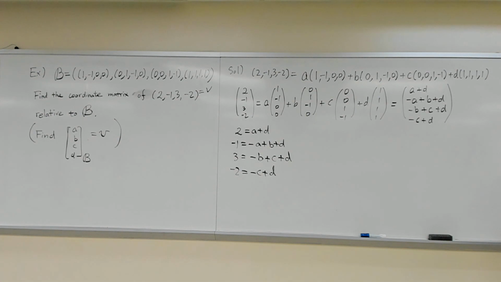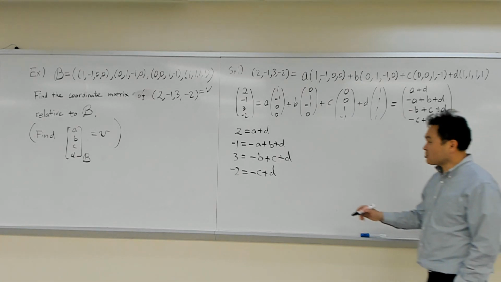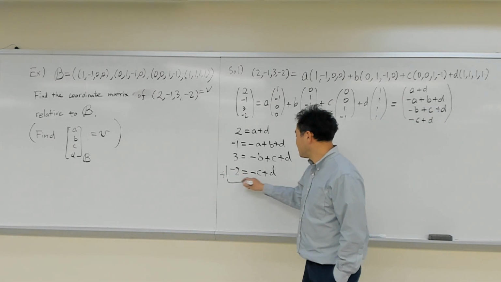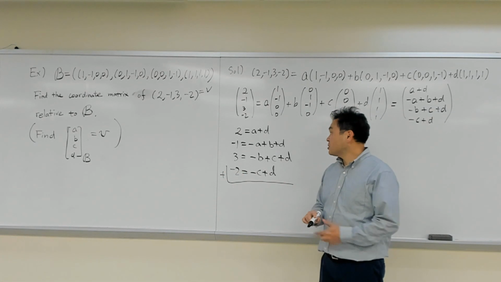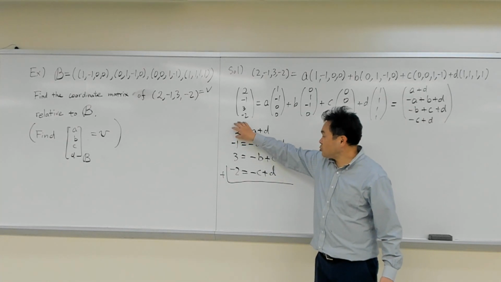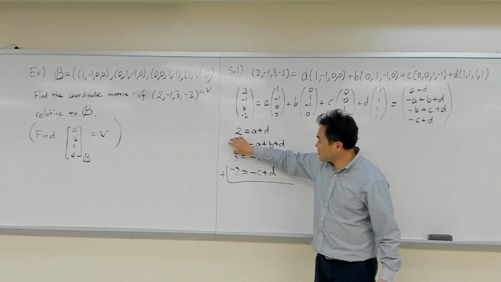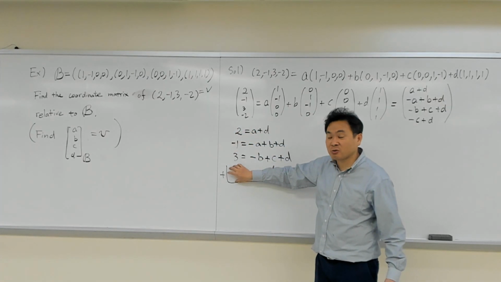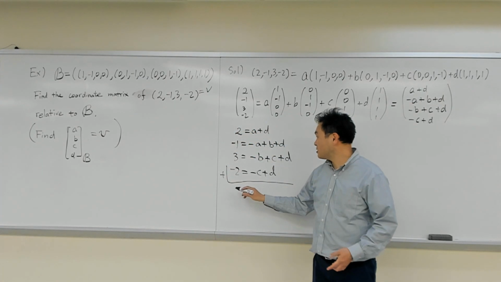Well, I added the first two and then the last two together, and then I added all of them together. Yeah, you can just add everything together, right? 2 plus -1 plus 3 plus -2 is what? That's 2.